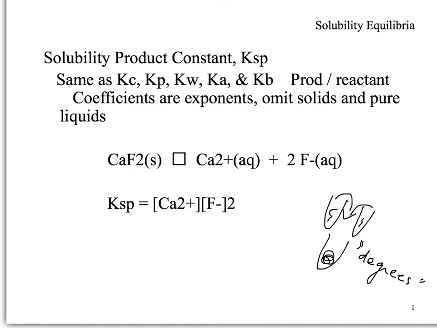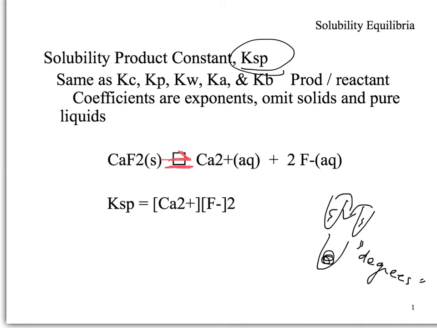Now, we have seen several equilibrium constants since we started with chapter 14: Kc, Kp, Kw, Ka, Kb. In this particular chapter, we are going to talk about what is called the solubility product constant, or KSP.